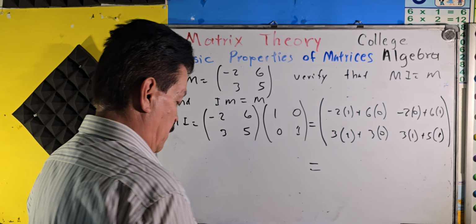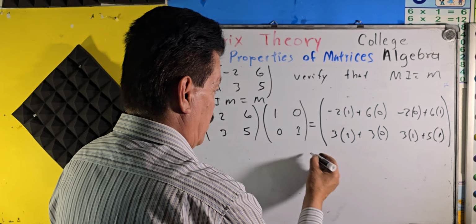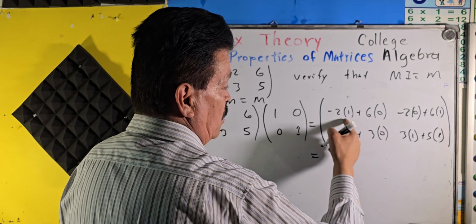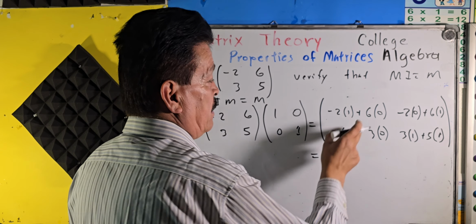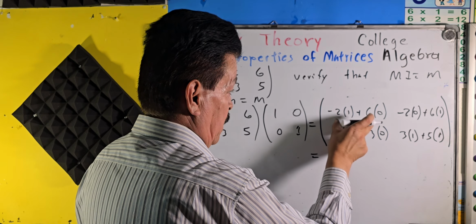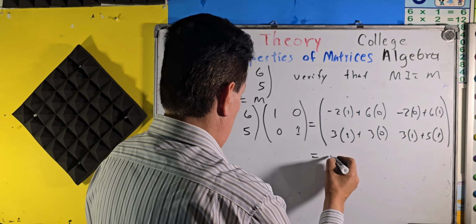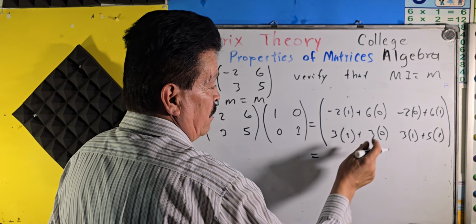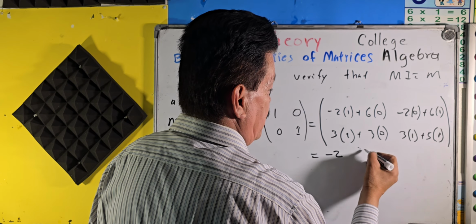So this is equals, here, how much is this? -2 plus 0 is -2, and then here is 0, so this is 6.